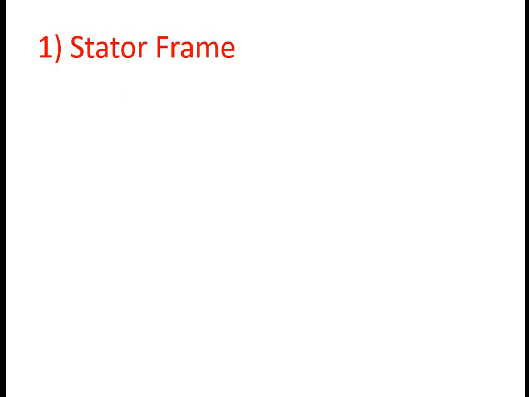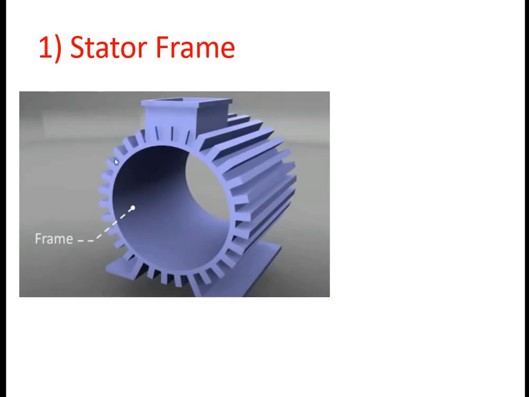In this picture we are seeing the frame of the three-phase induction motor. Whenever we look at any electrical machine physically, we see only the outer cover of the machine, whether it is a distribution transformer, a power transformer, a generator or a motor.